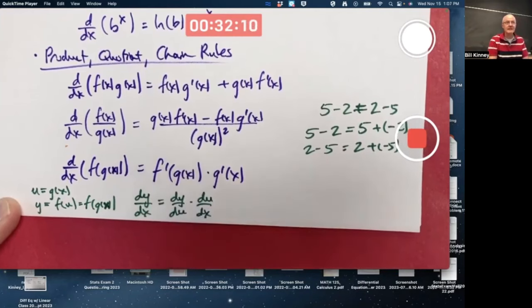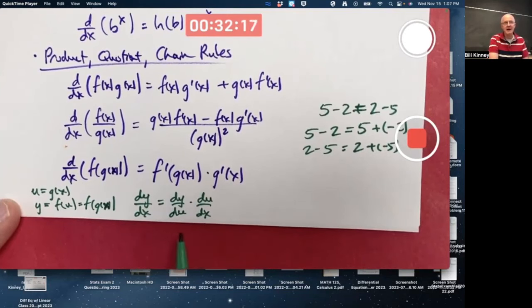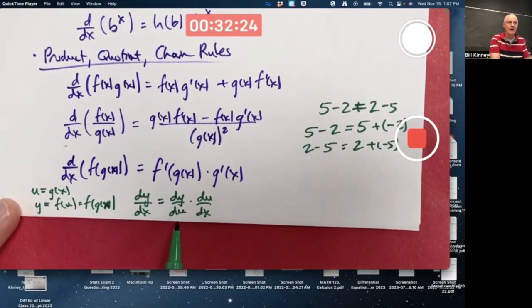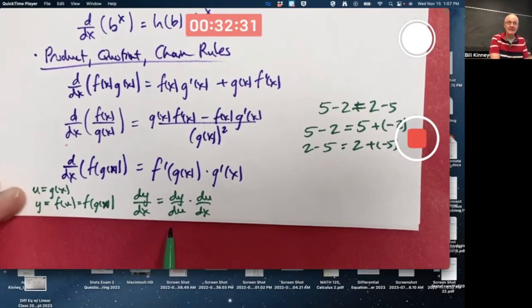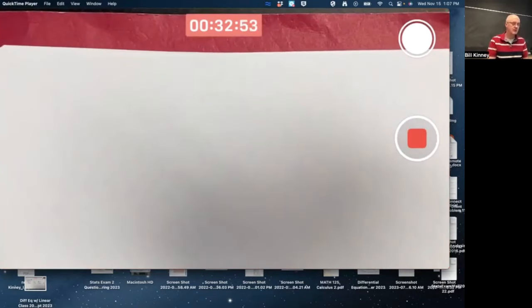And it's as if you're canceling the du's to get dy dx, not literally, but you could pretend. However, if you use this Leibniz notation for the chain rule, you need to realize in the end, you've got to get everything in terms of x. So even though you see a dy du there, which would typically involve u, in the end, you want to replace any u's with g of x and simplify to have an answer that only depends on x. Okay, but it's kind of a nice way to remember the chain rule. That's why we teach it. Those are our general rules.